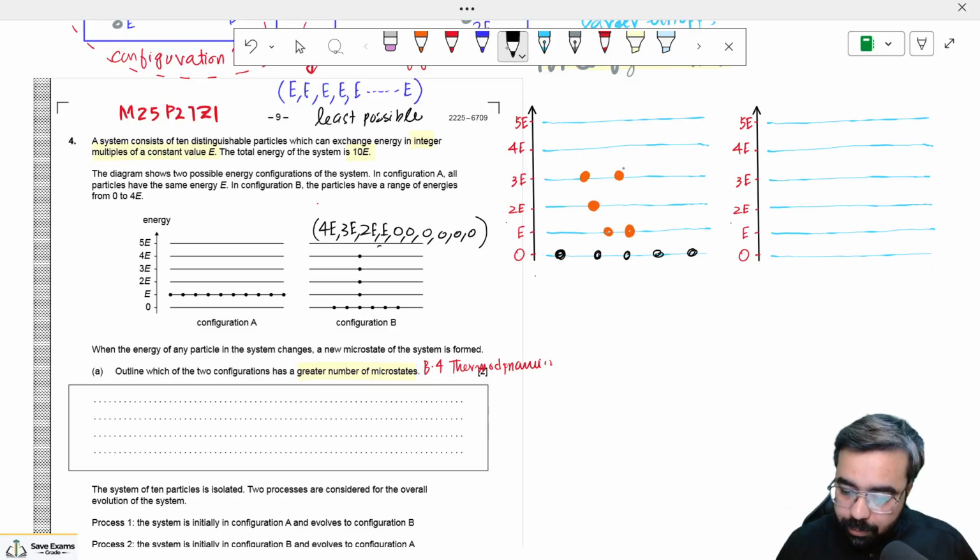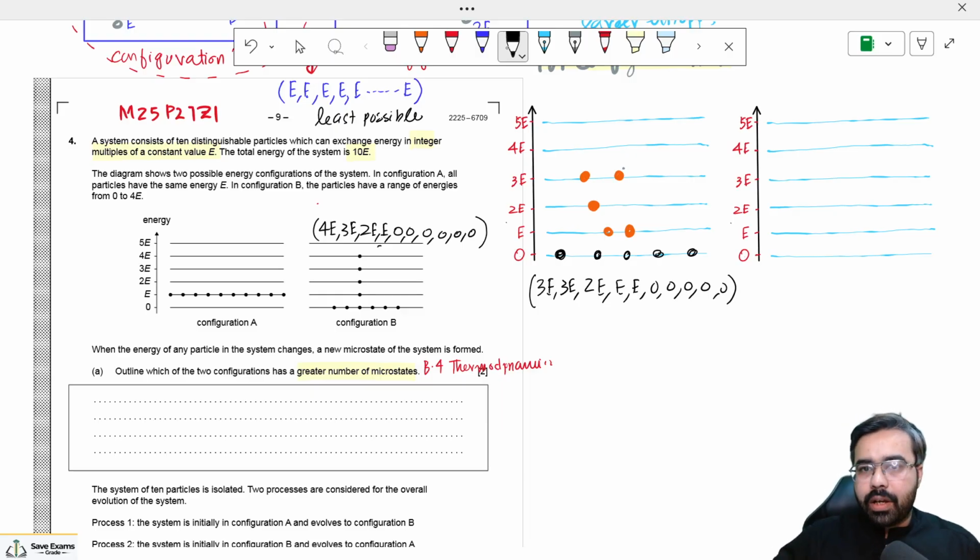So I'm writing its combination: 3e, 3e, 2e, and then e, and then 0, 0, 0, 0, and 0, right? In the same way, you can write another combination. I am just showing you, so next time you can do it by yourself as well. What if I say there are three particles which have the same energy, 2e?